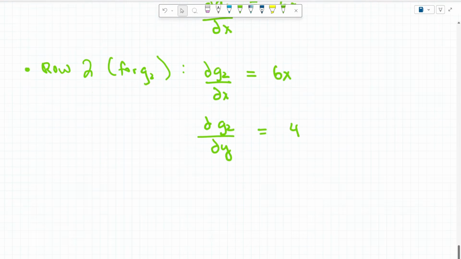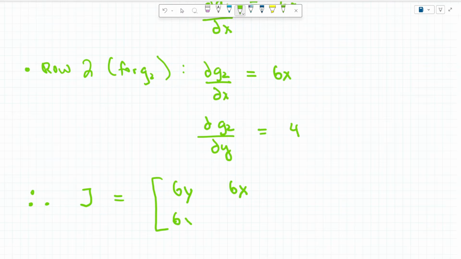So therefore, we have all the values, and let's put this nicely into our Jacobian matrix. So we've got 6y, 6x, 6x, and 4.